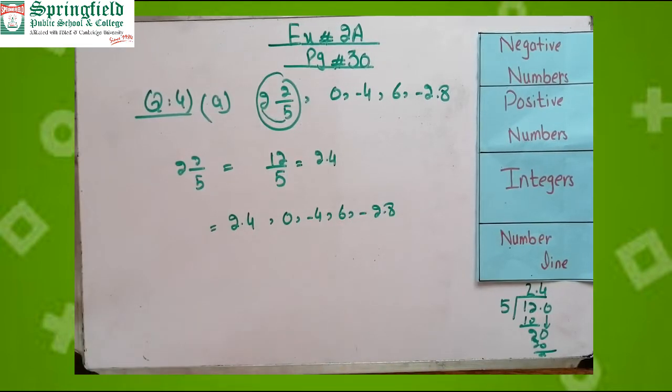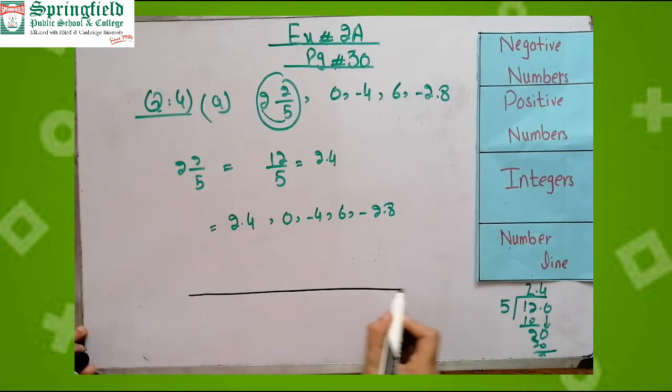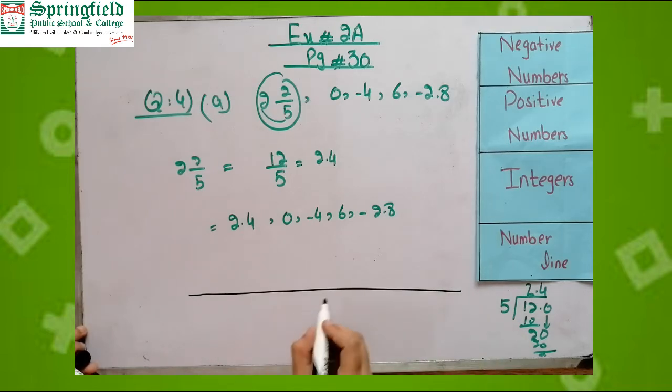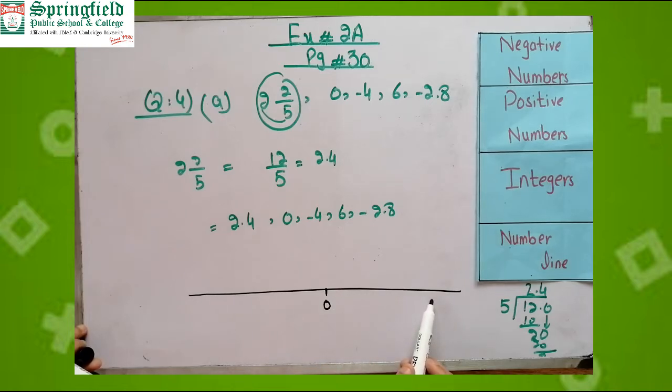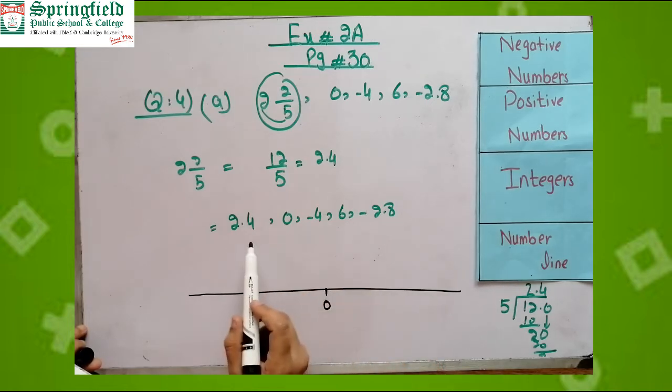Now we can show these numbers on the number line. First make a straight line, then write down 0 at the middle of this number line. Positive numbers will be written on the right side of the number line, and negative numbers will come on the left side.